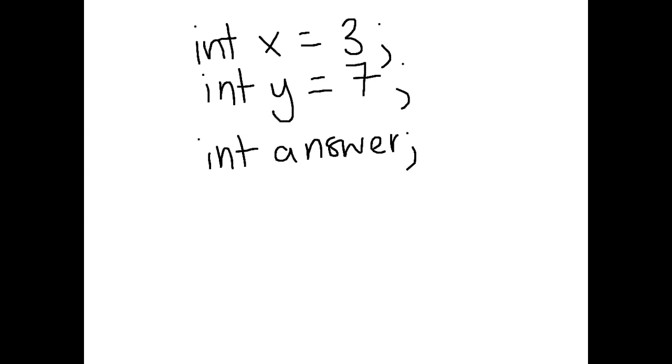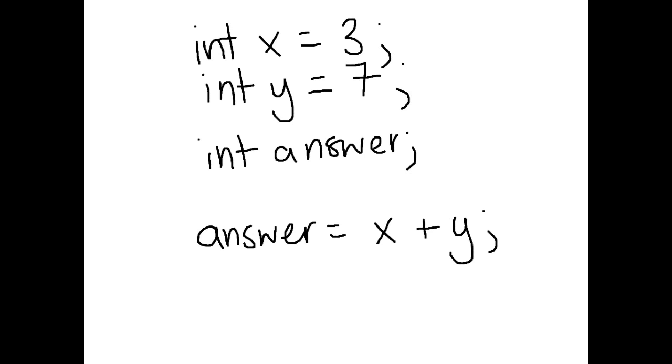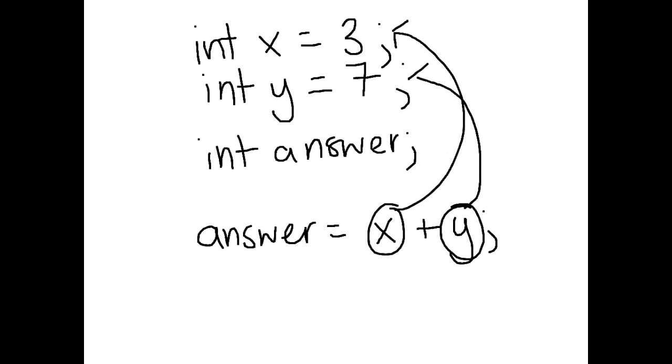And we could then say answer is equal to x plus y. So we know that x, the little box with x, is holding the number 3. The little box with y is holding the number 7, so it's basically the same as saying answer is 3 plus 7.